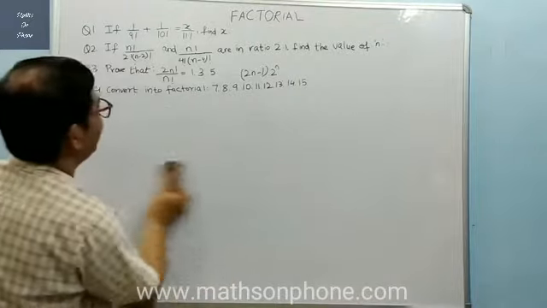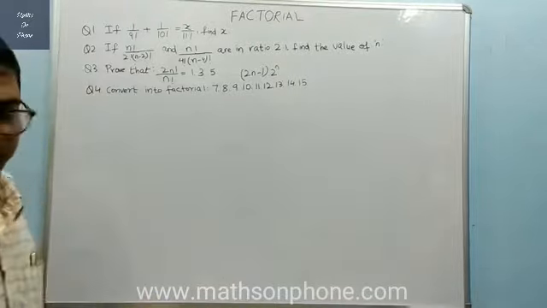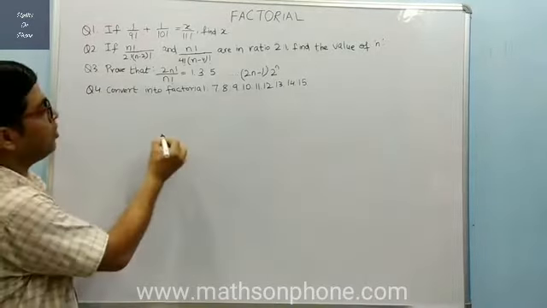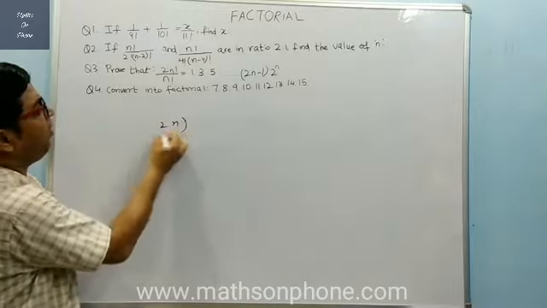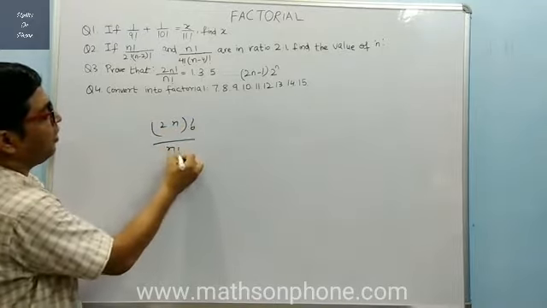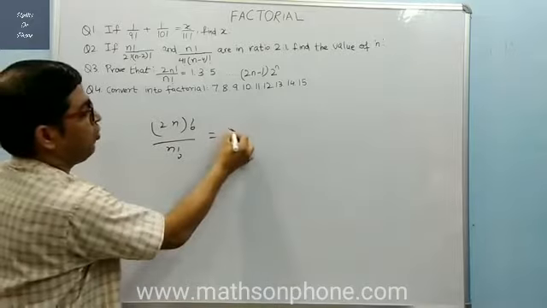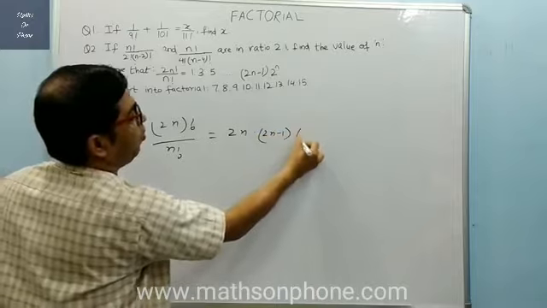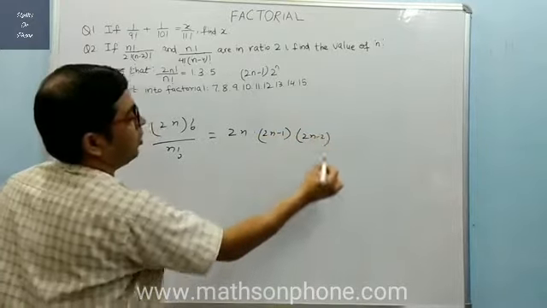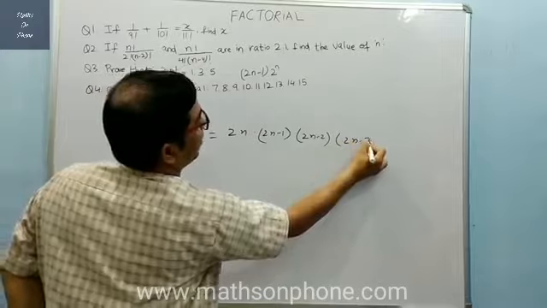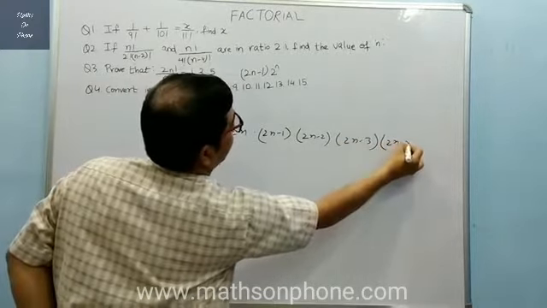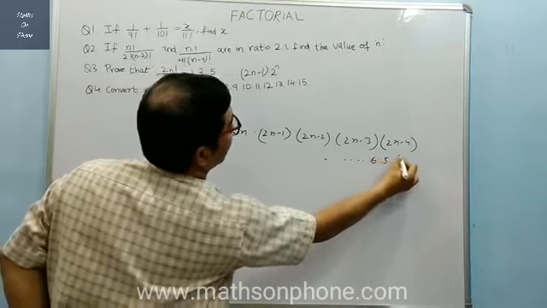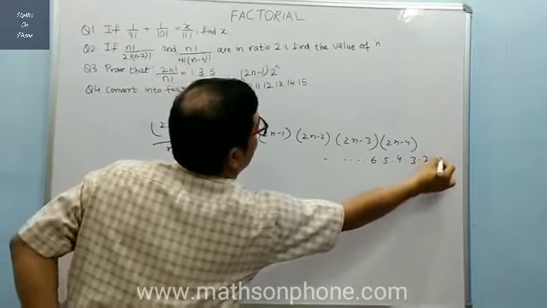This is 2n factorial by n factorial is equal to certain thing I have to prove. So you know that 2n factorial, the meaning of this is 2n into 2n minus 1 into 2n minus 2, 2n minus 3, 2n minus 4, like this up to 6, 5, 4, 3, 2, 1.